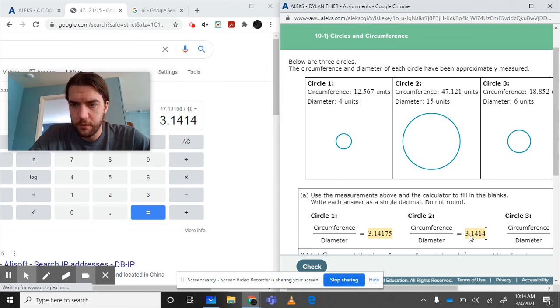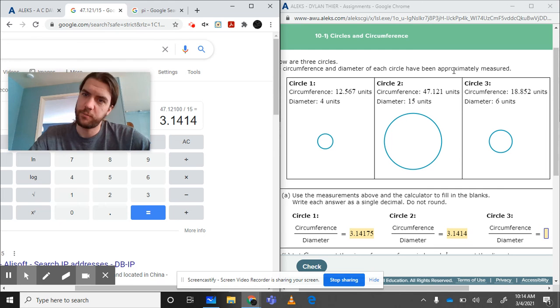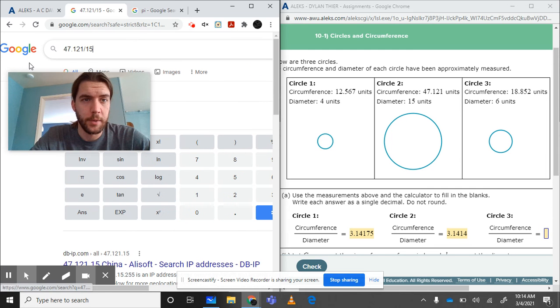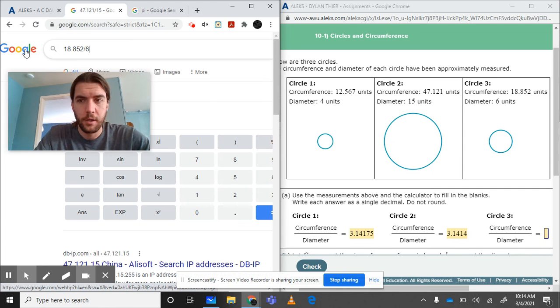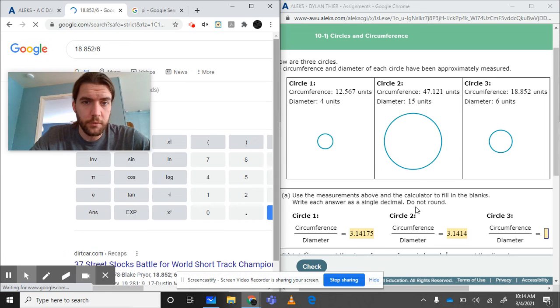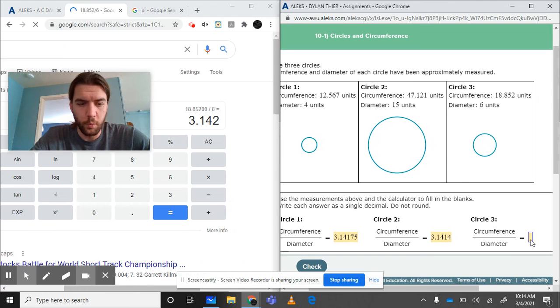So what they're showing here is a situation where somebody has made measurements, but it says each circle has been approximately measured. So it's not a perfect 100% accurate measurement. It's just as precise as the ruler or measuring tape and as precise as the person reading it. You get certain numbers when you take measurements, and if you divide those, you'll find that you get really close to 3.1415, like the actual value of pi.